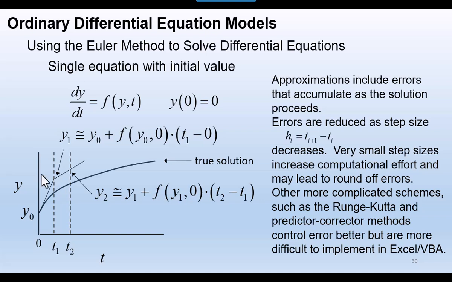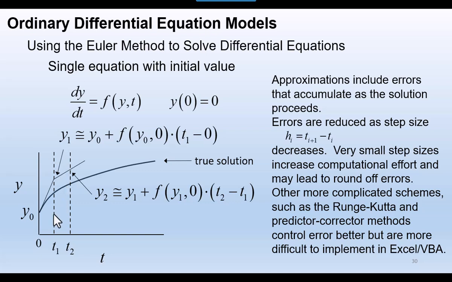And then the solution technique proceeds from this point with the next straight line estimate based on a value at y1. This would be y1, and goes for another interval, which is typically the same width, but doesn't have to be, and it provides the next approximation.